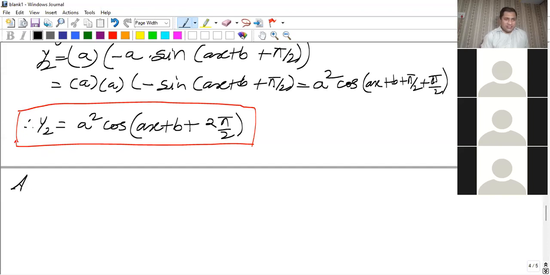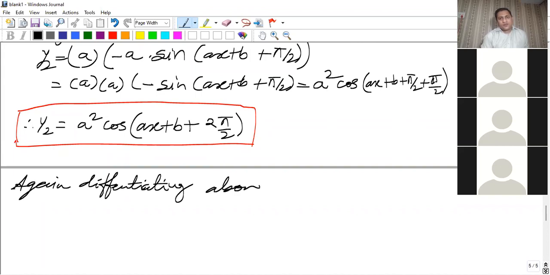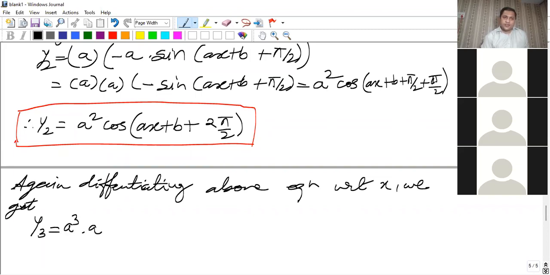Now again differentiate this. Again differentiating the above equation with respect to x, we get y3. It is a cube, then it is minus sine of ax plus b plus 2 pi by 2.